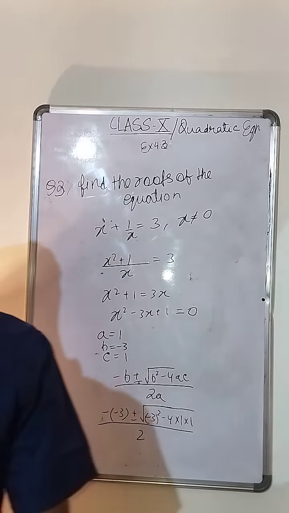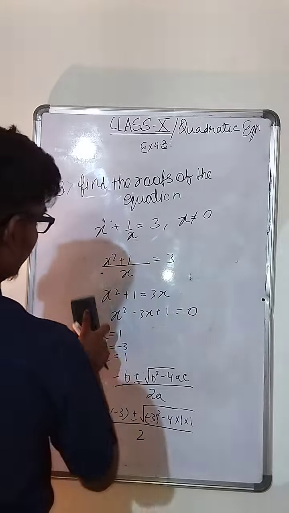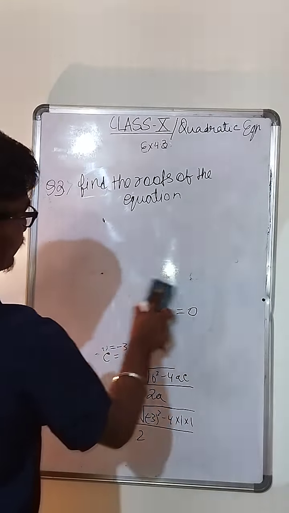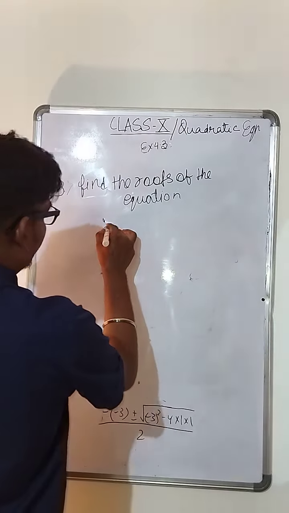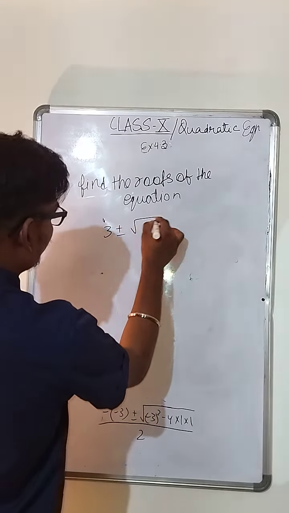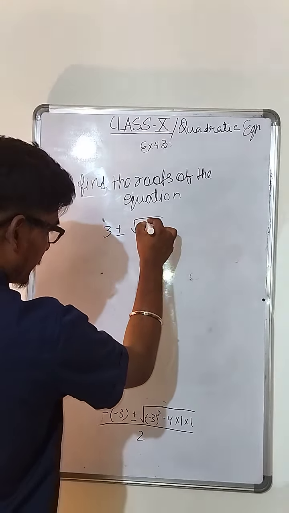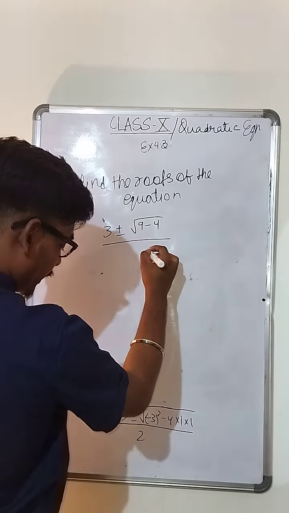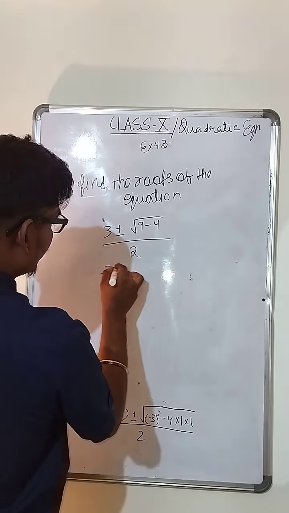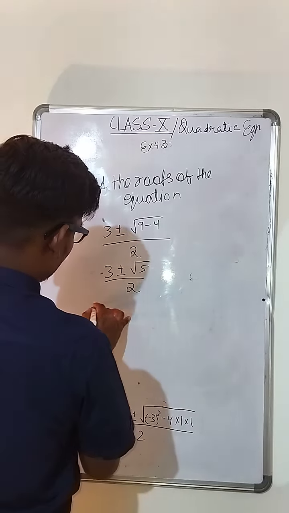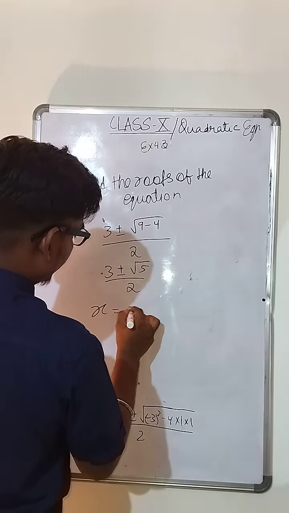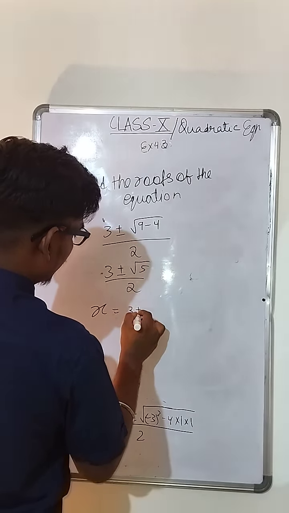So now let's find out the value of x. Now 3 plus minus root over 9 minus 4 divided by 2, 3 plus minus root over 5 by 2, x equal to 3 plus root 5 by 2, another will be 3 minus root 5 by 2.